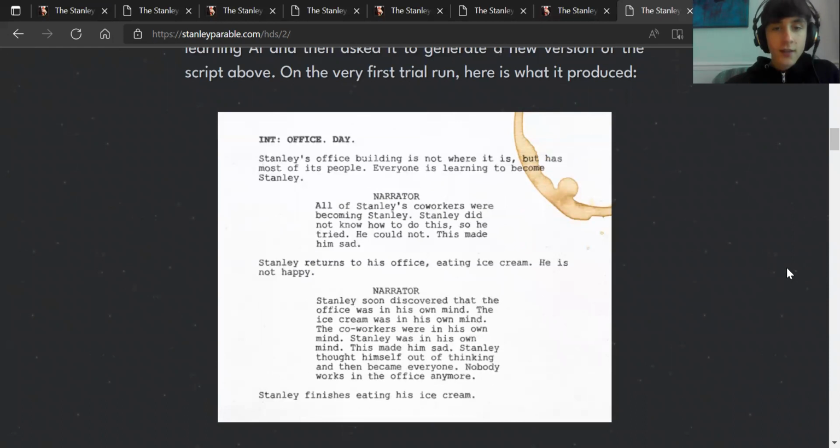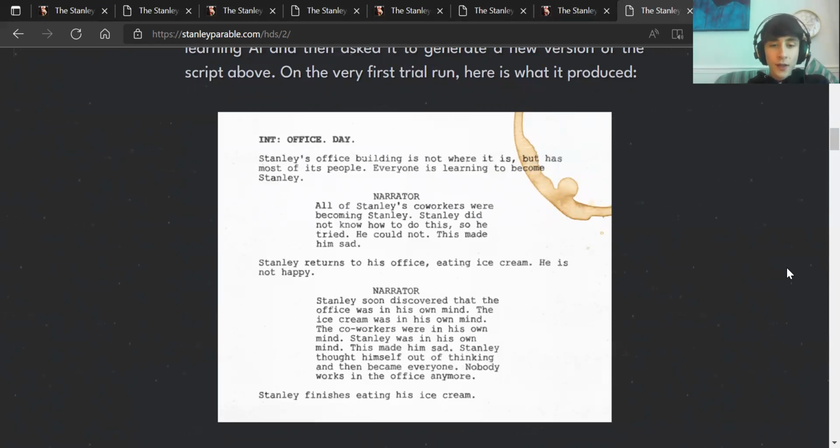Office day. Stanley's office building is not where it is, but has most of its people. Everyone is learning to become Stanley. All of Stanley's co-workers were becoming Stanley. Stan did not know how to do this, so he tried. He could not. This made him sad. Stanley returns to his office, eating ice cream.